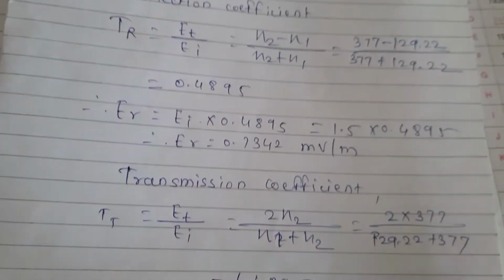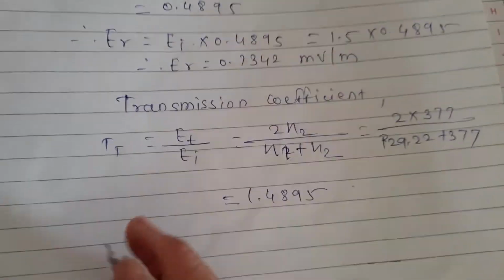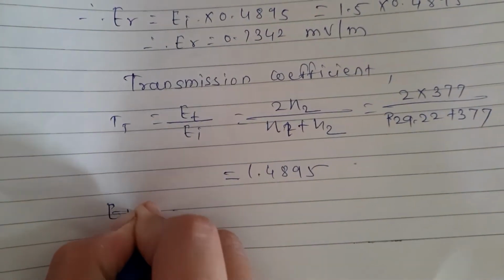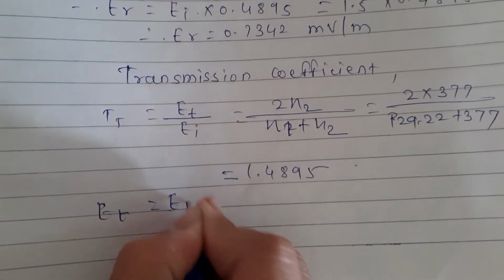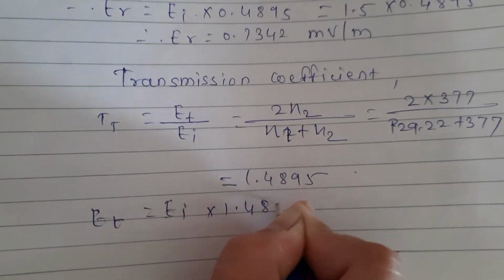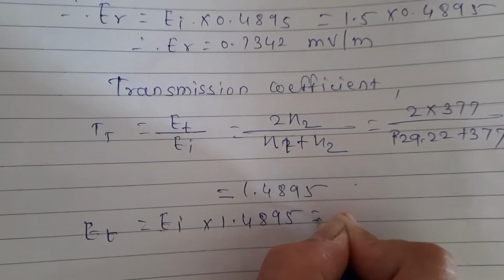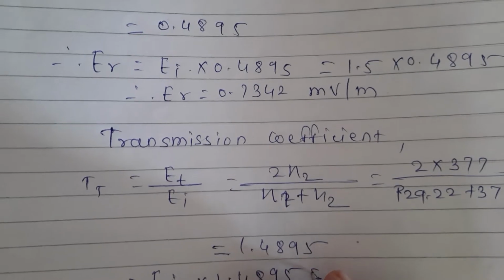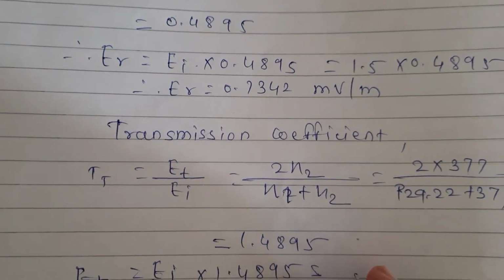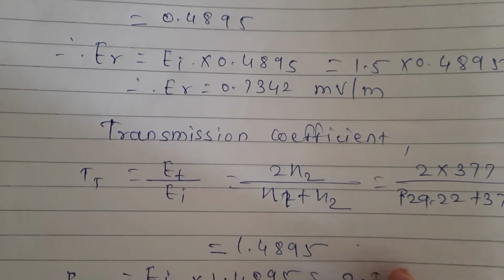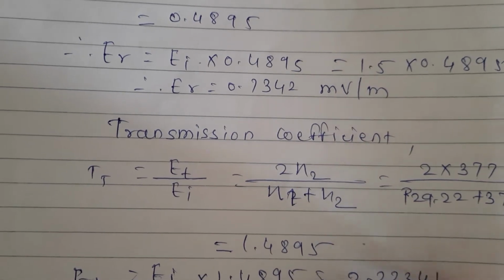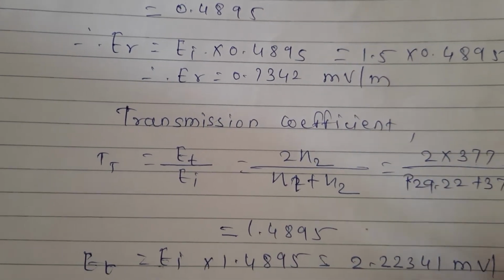Now ET is equal to EI into 1.4895. The value of EI is 1.5 millivolts, so we substitute it and we get 2.22341 millivolt per meter.